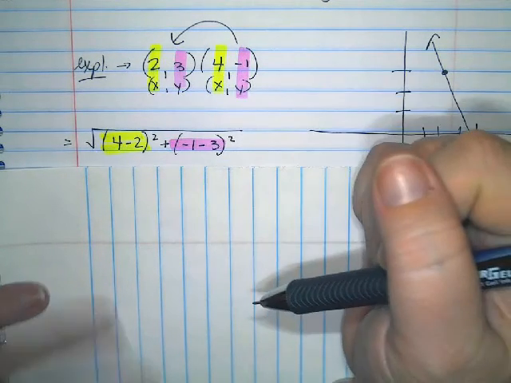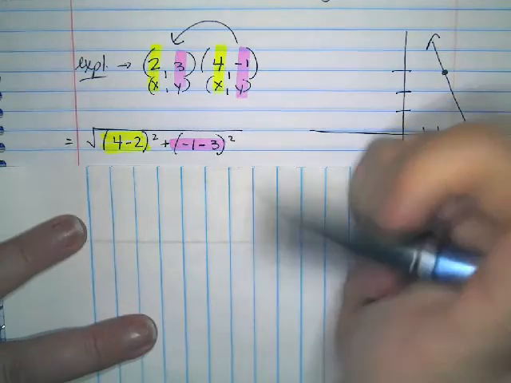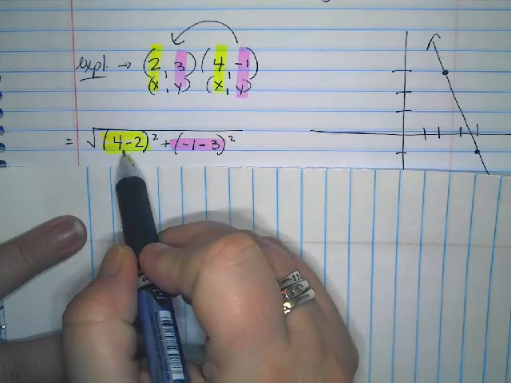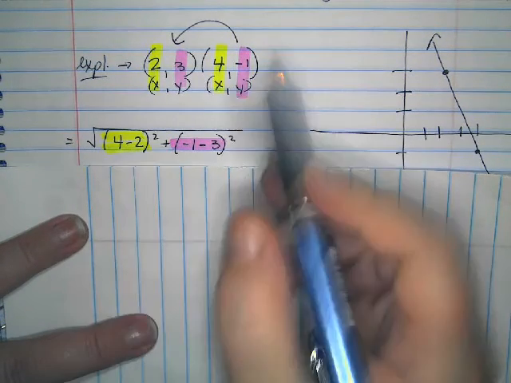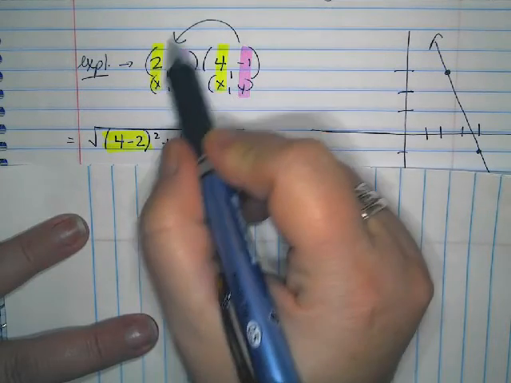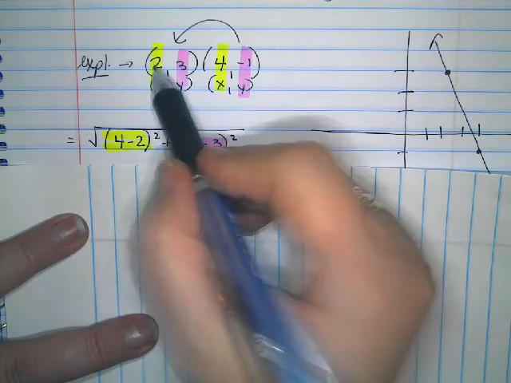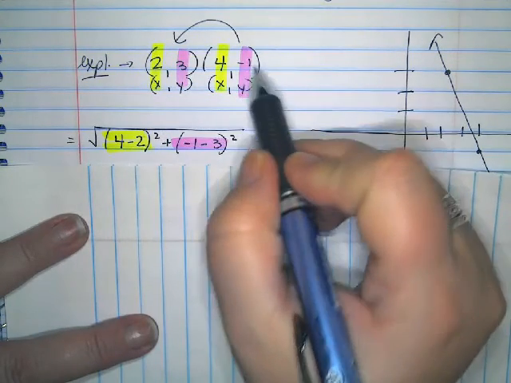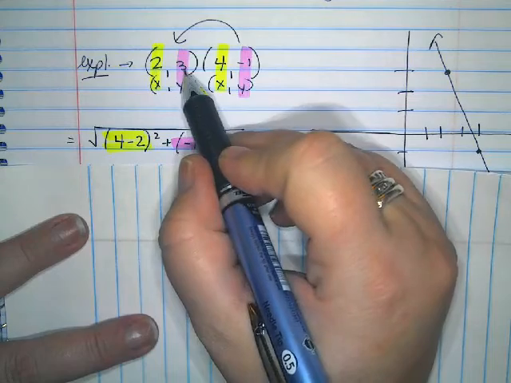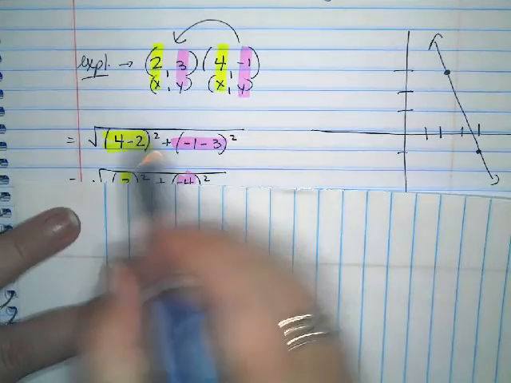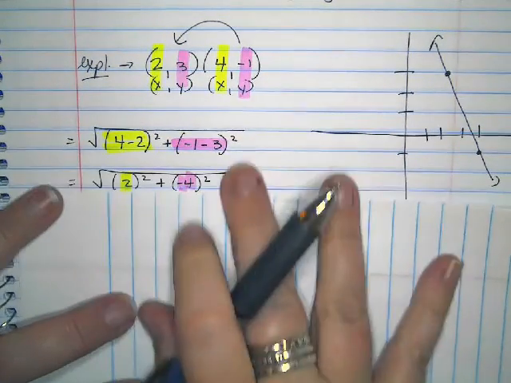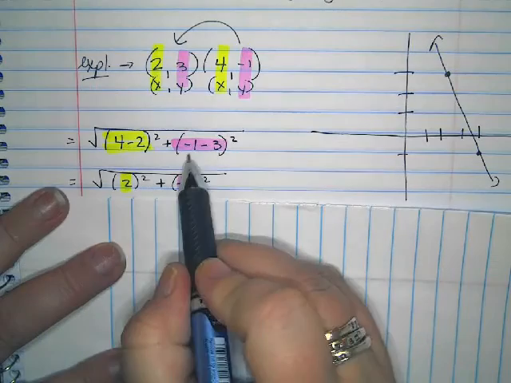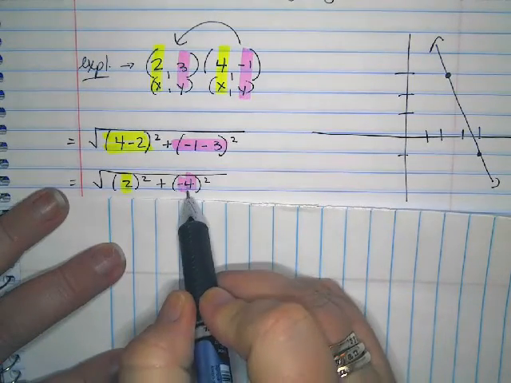There's not really any rhyme or reason; I just like when things are positive, so that's why I went that direction. But because I went 4 minus 2, now for the y's I have to start here and go -1 minus 3. So 4 minus 2 is 2, and -1 minus 3 is -4.